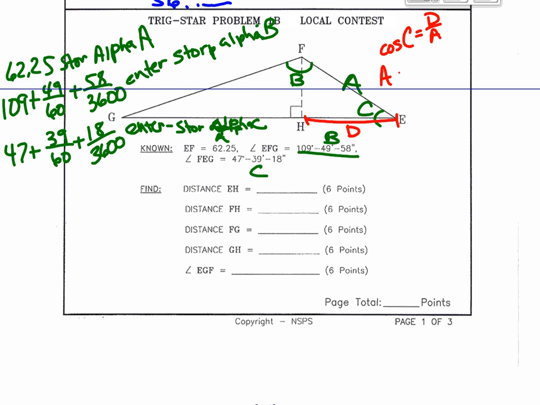So A cosine C equals D. And so I'm just going to type in A cosine C, enter, and then I'm going to store it as alpha D. And I have that answer. EH is 41.93.